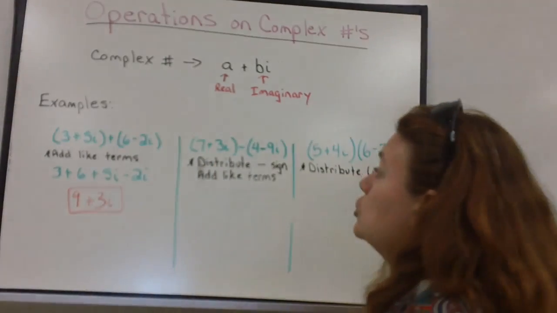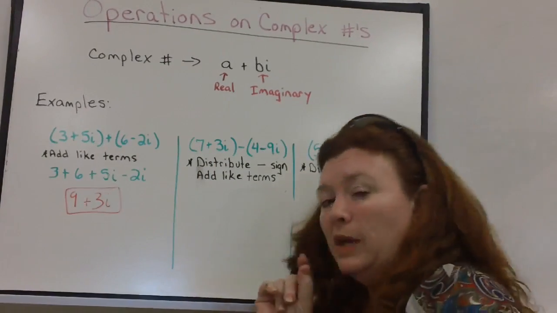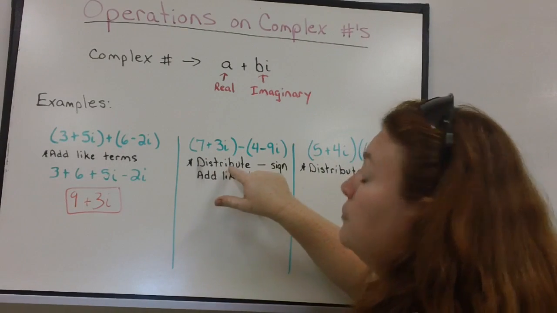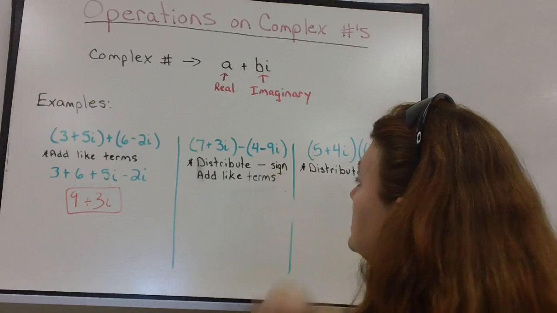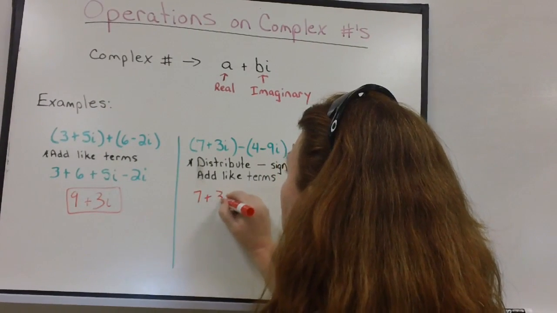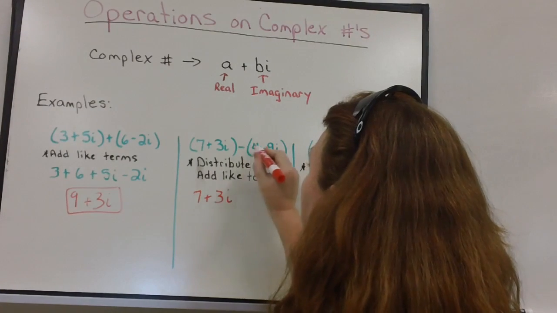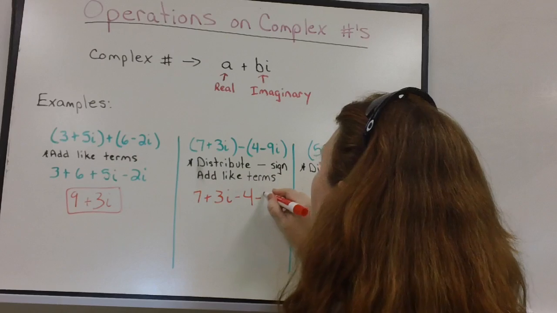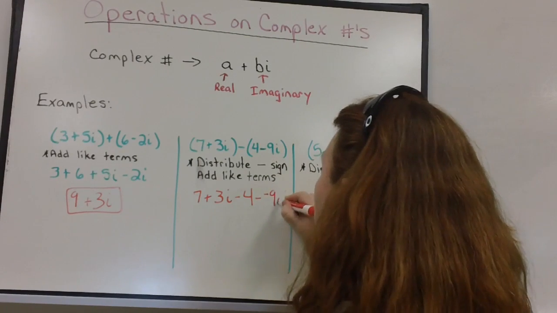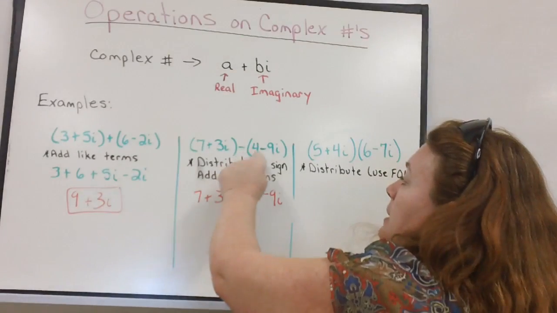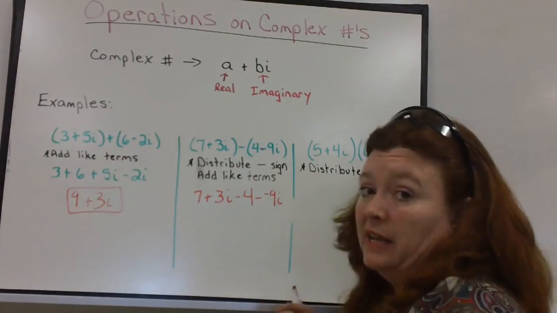All right, let's try the subtraction. There's one thing you have to be careful of with subtraction: you have to first distribute the minus sign. So I have a 7 plus a 3i minus the 4, and then minus the -9i. You have to be very careful that that minus sign goes to both the 4 and the -9i.